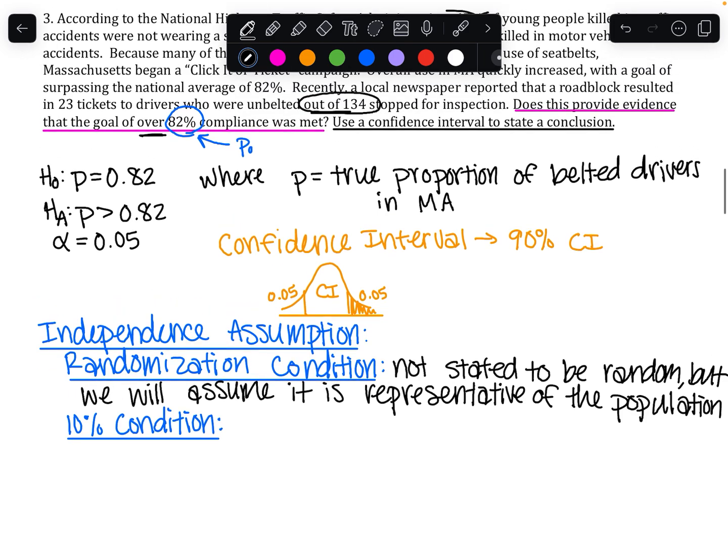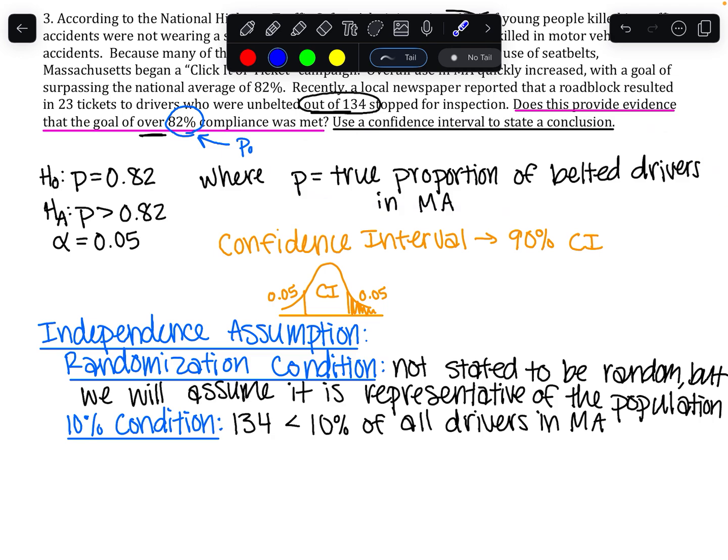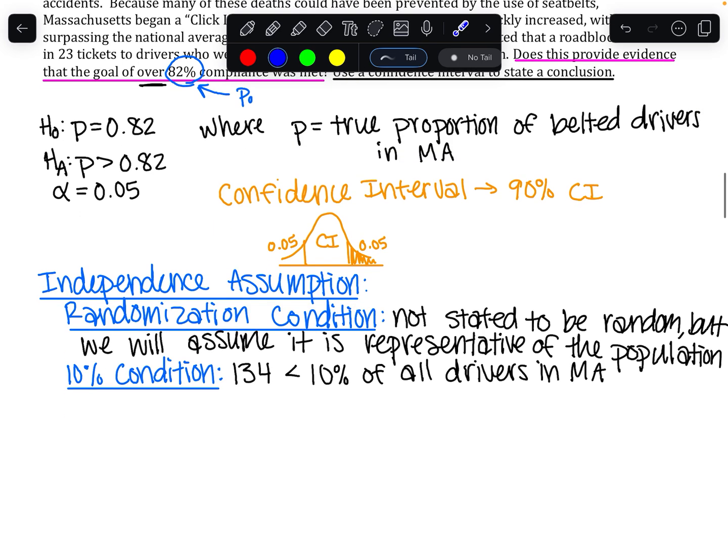My sample size is 134. Do you think that's less than 10% of the population, which would be all local drivers? Yeah. All drivers in Massachusetts. And if you don't remember what the population is, remember you defined the population proportion up here, so that should be your reminder of what that is, okay?